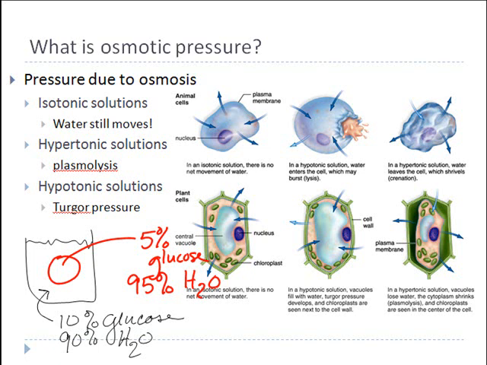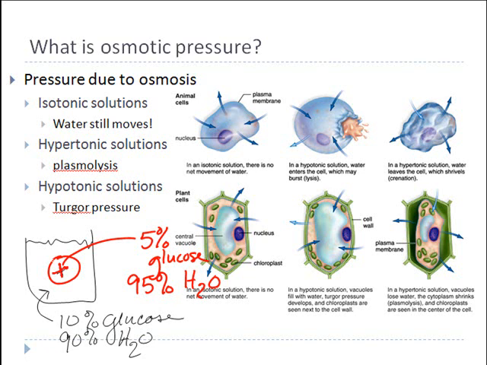Let's just imagine that glucose, even with the presence of transmembrane proteins, can't go across. Glucose cannot cross the plasma membrane. Well, the problem with that is we still have one concentration inside of the cell and a different concentration outside of the cell. And there's got to be something that occurs to try to equalize this.